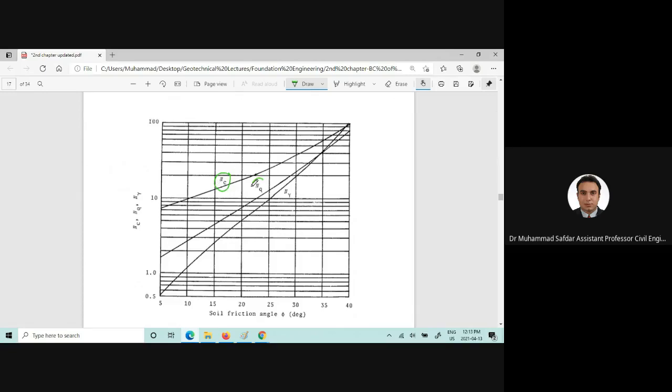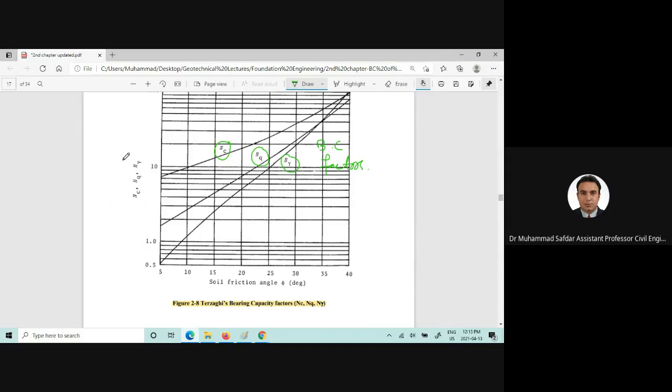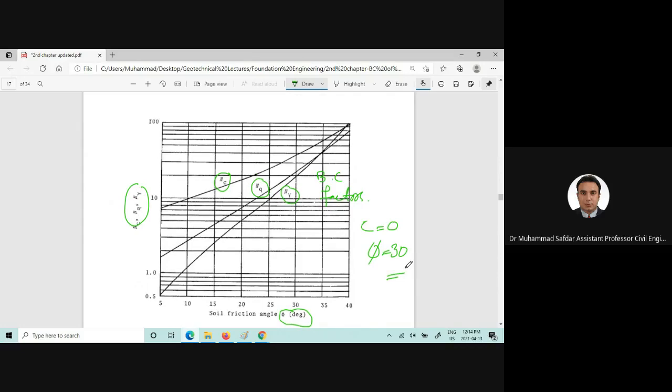This is the chart of Nc, Nq, and N gamma, the bearing capacity factors, on the y-axis and friction angle on the x-axis. For example, if you perform the direct shear test in the lab and you come up with c equal to 0 and phi equal to 30, please kindly give me the Nc, Nq, and N gamma values. I need 3 values.